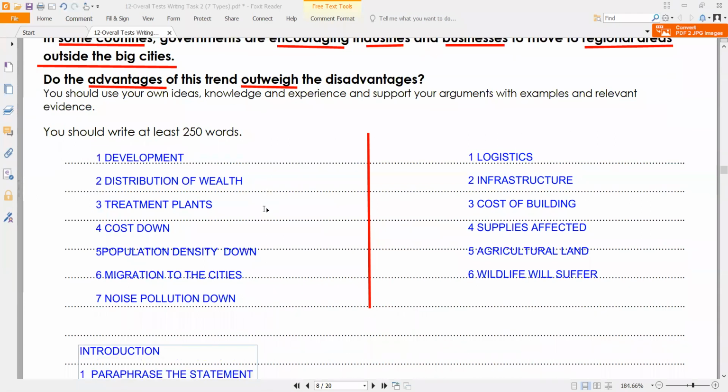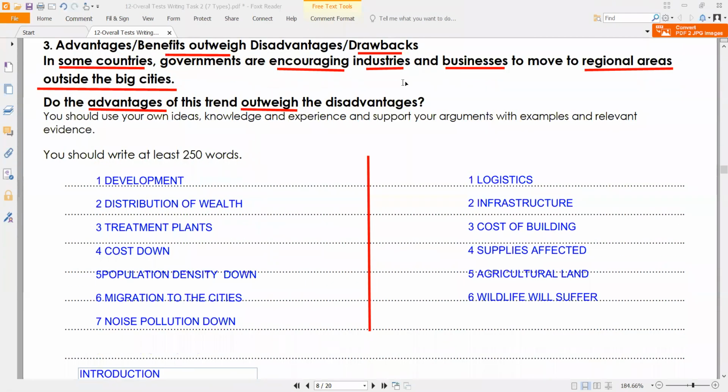So now what I would say, for example, here is relocation or relocating or relocation of manufacturing units and service industry to rural areas is incentivized by the governments or by the states around the globe.